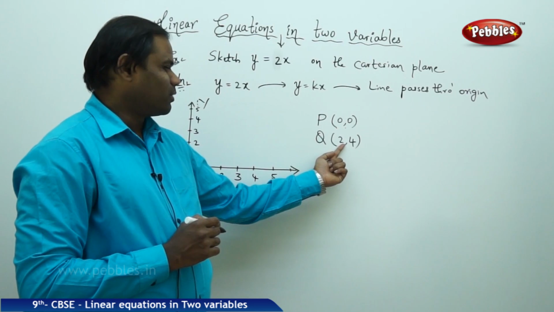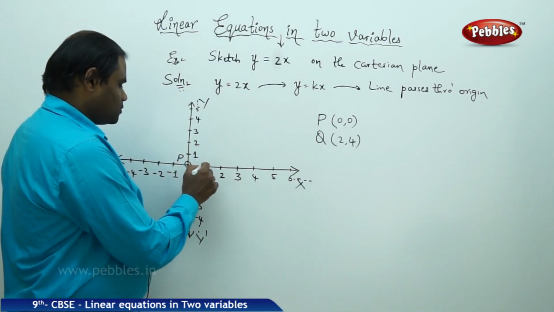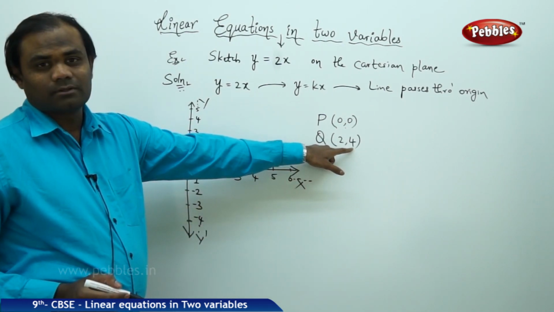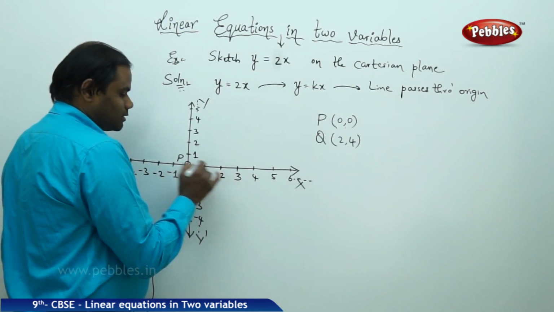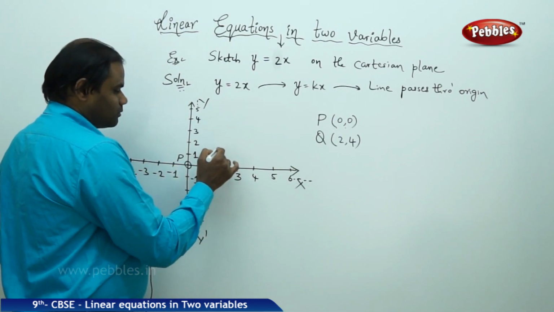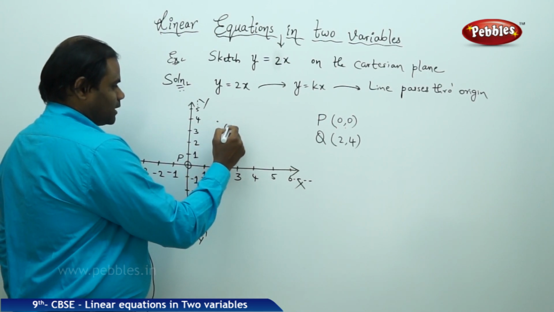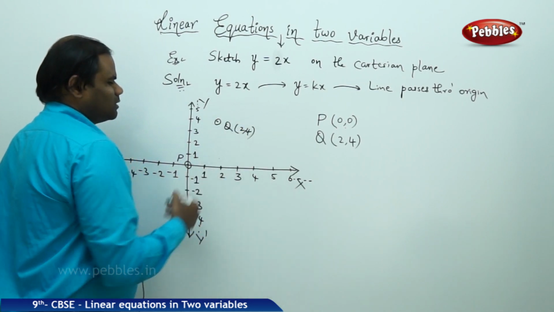That is, the point moves 2 units to the right from the initial point, and 4 units up from there. Therefore, once I reach 2 units to the right from its initial position, I jump 4 units to the top. Is how I get the point Q, which is 2, 4.